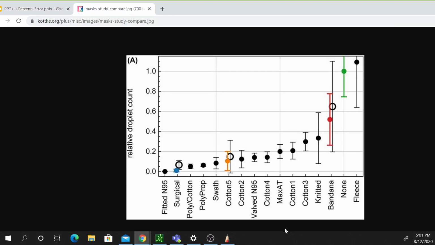When I actually got the chart that allowed us to compare it, you'll notice that this chart is counting the relative amount of droplets that are released from a particular mask that's being worn. And it has the different masks right here.